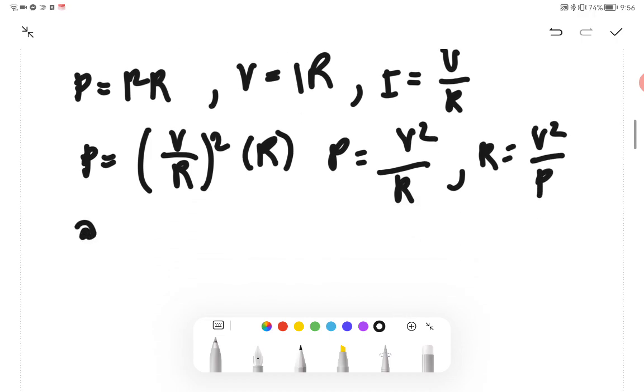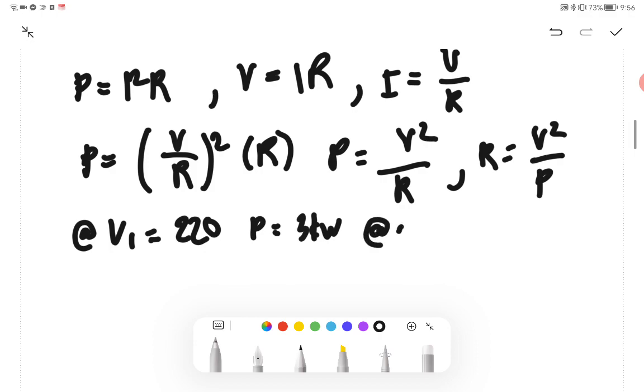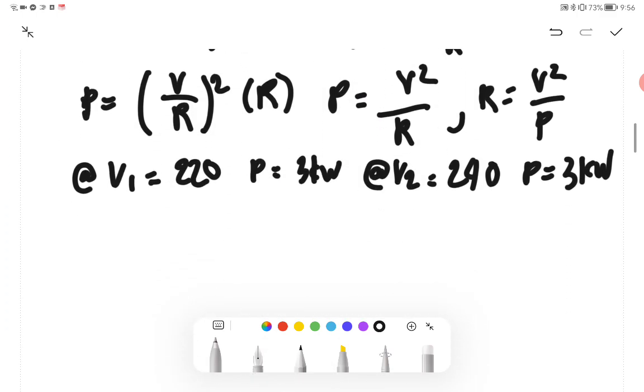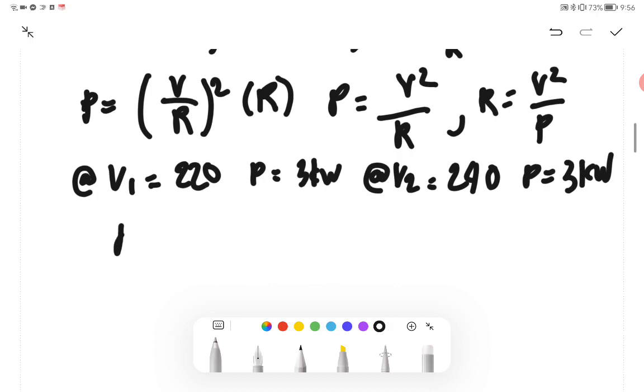So at voltage number 1, 220, and the power of 3 kilowatts. And at voltage number 2, 240 at the power of 3 kilowatt as well. So we have R1 is equals to V squared, which is 220 squared all over 3,000.